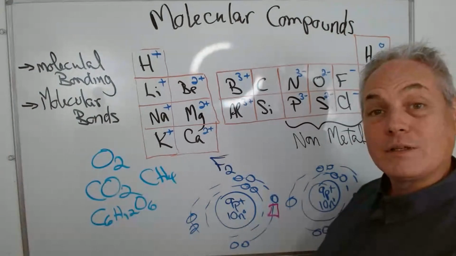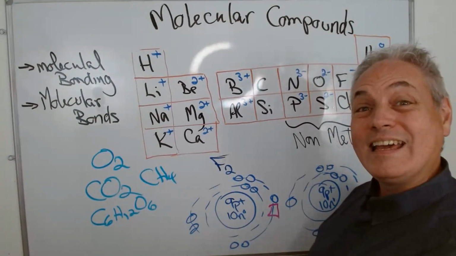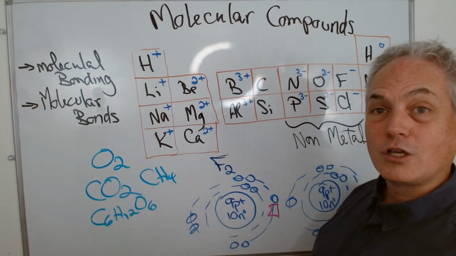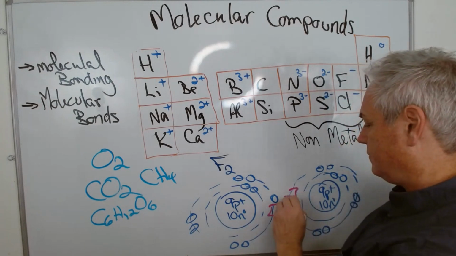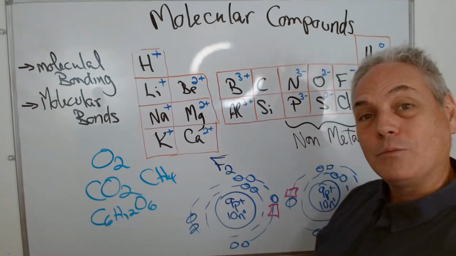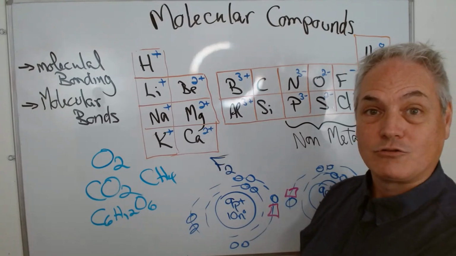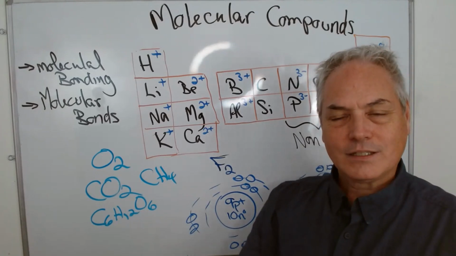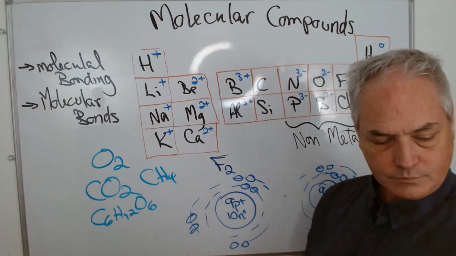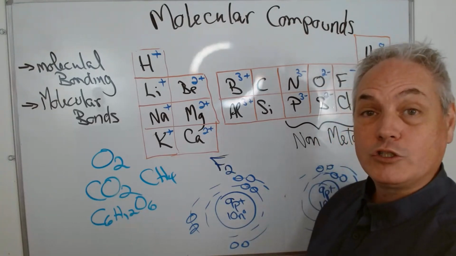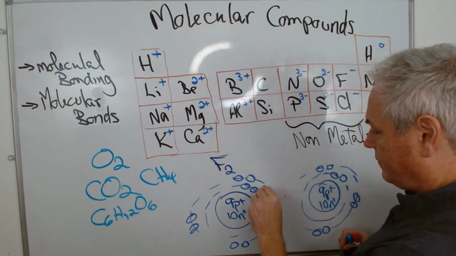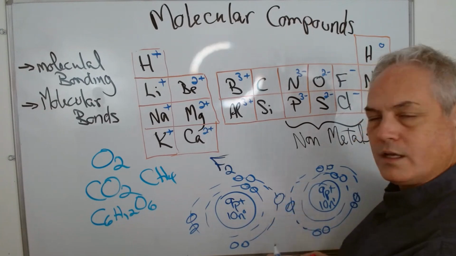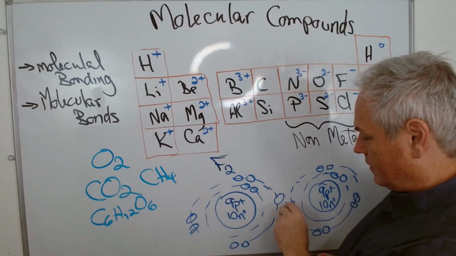The other fluorine also has 9 protons and 9 electrons with 7 electrons on the outer shell. What does this atom want? It also wants electrons. So what do they do? It's like they have a pact. They will say, how about we share electrons?